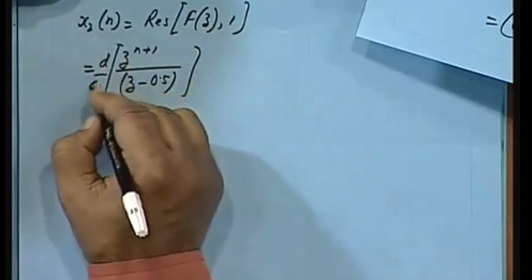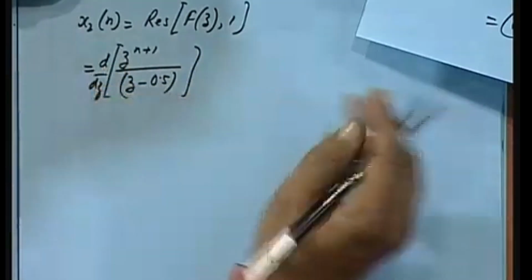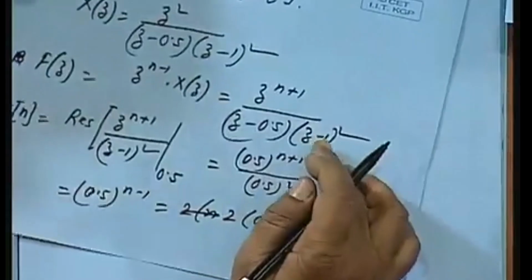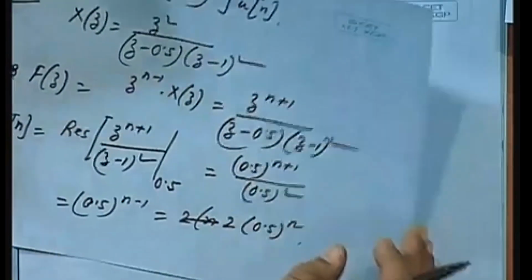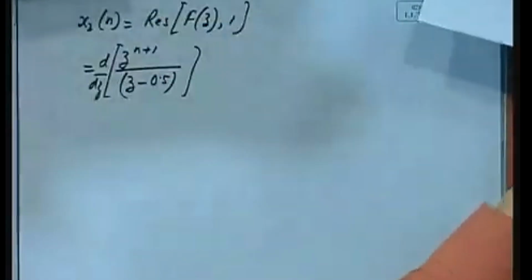You have to multiply by (z minus 1) whole squared and then calculate the function.